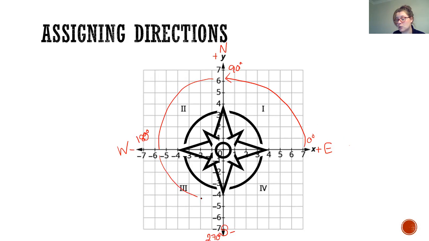So 270, that's measuring from 0, and then takes us back to 360. Very rarely will we use negative degrees. Negative 13 degrees would be negative from 0 going the opposite direction. But traditionally, we start at 0, we go counterclockwise if we're going to use our directions using degrees.